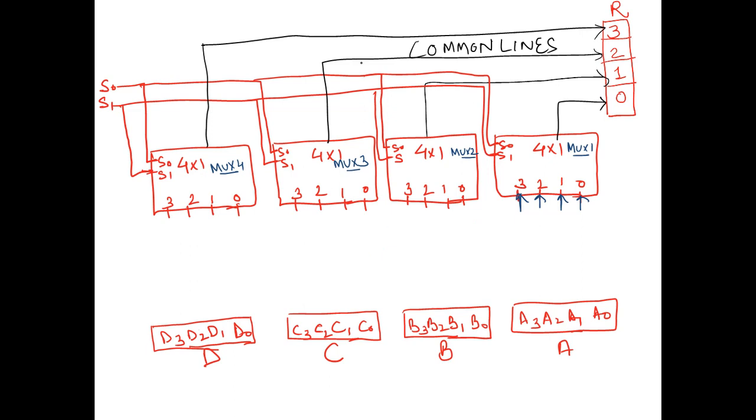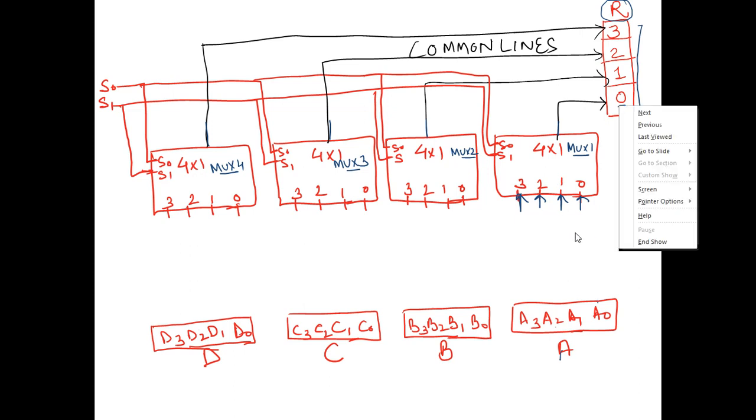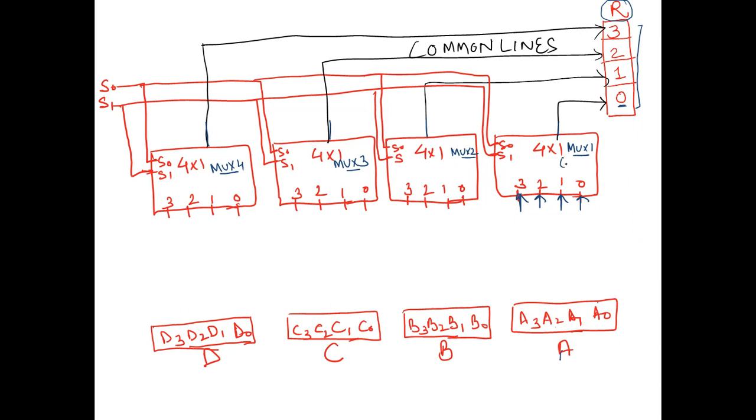These all are the common lines, the outputs generated from these multiplexers. So if a register consists of 4 bits of information, I will also have a destination register of size 4 bits. For transferring the least significant bit, at the 0th position, in this multiplexer I will only have the least significant bits of the registers which are available.